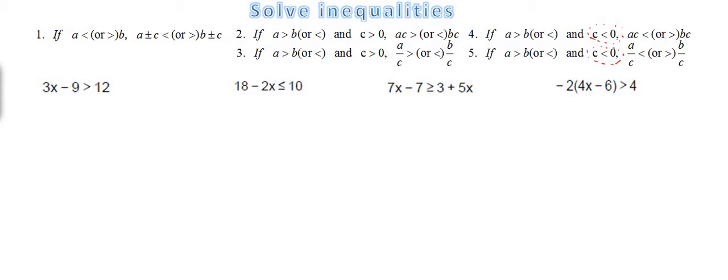Now let's take a look at the following examples. For the first example, we're gonna follow the rules. Here we have a constant, -9. If we want to remove it, we're gonna add 9 to both sides.